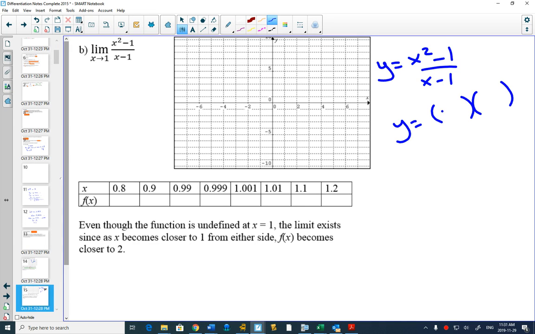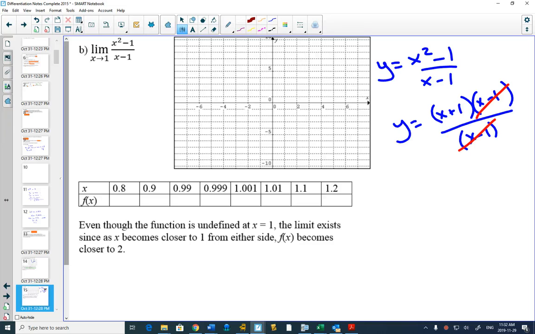Well, top I can factor. Why is factoring nice here? Oh, this cancels out. Now is this starting to trigger something?